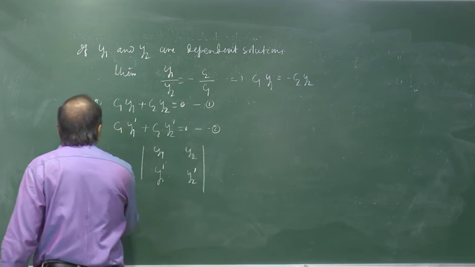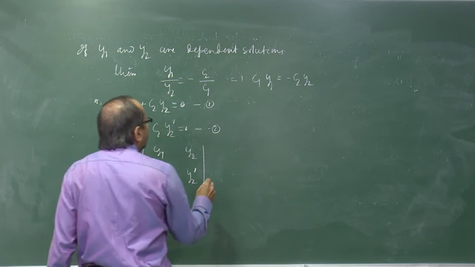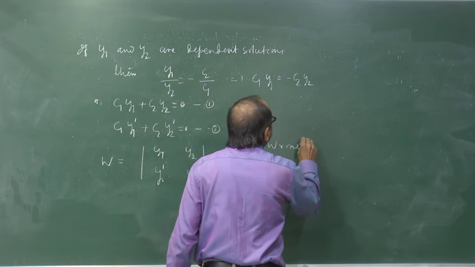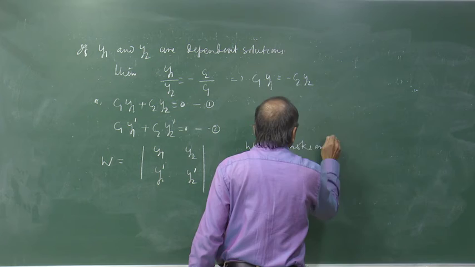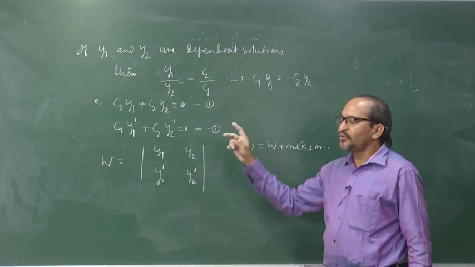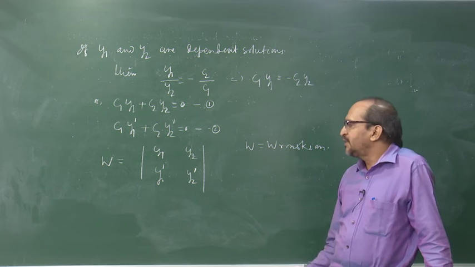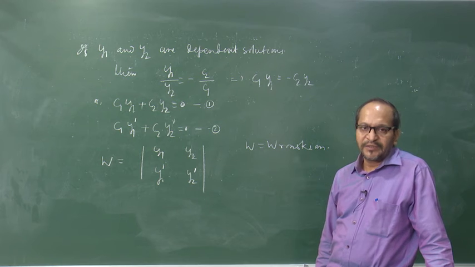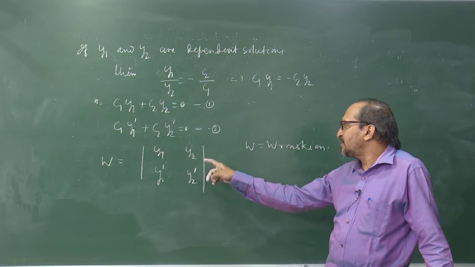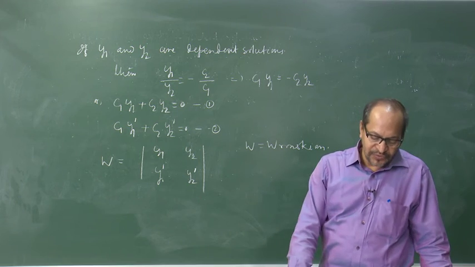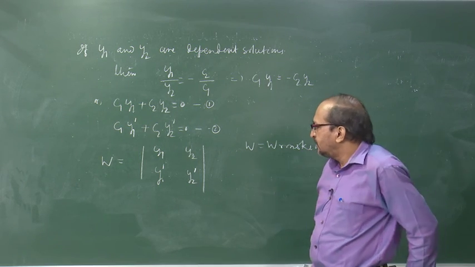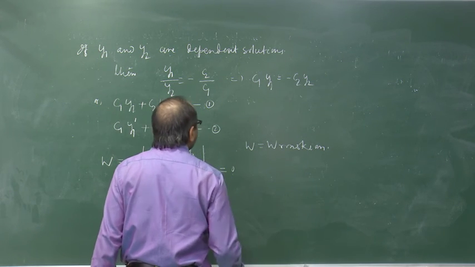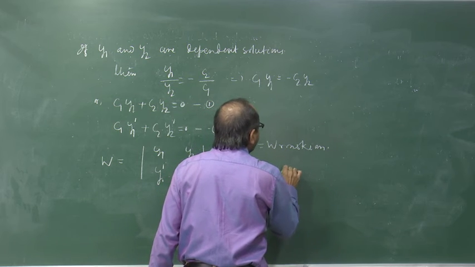We write it as W. These two equations will have a non-trivial solution if this Wronskian or this determinant is 0, that is y1 y2 prime minus y2 y1 prime is 0, for non-trivial solutions.